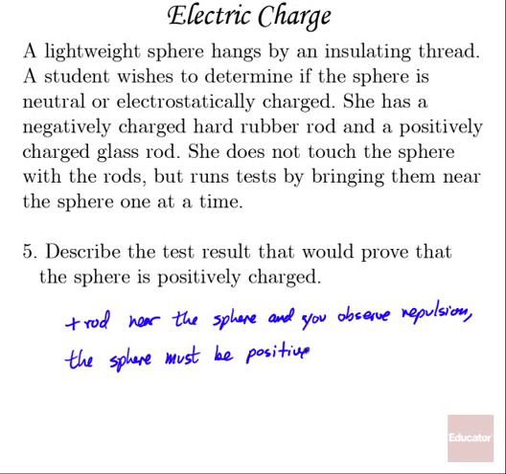So use repulsion to prove something is charged. Positive, positive, you'll get repulsion. So the positive rod near the sphere, if they repel, the sphere must also be positive.